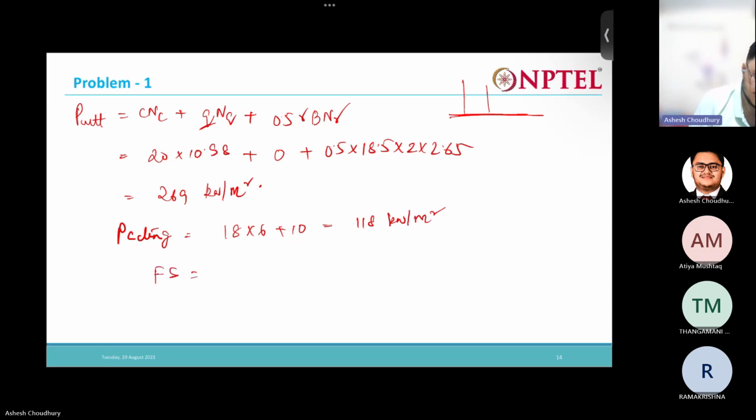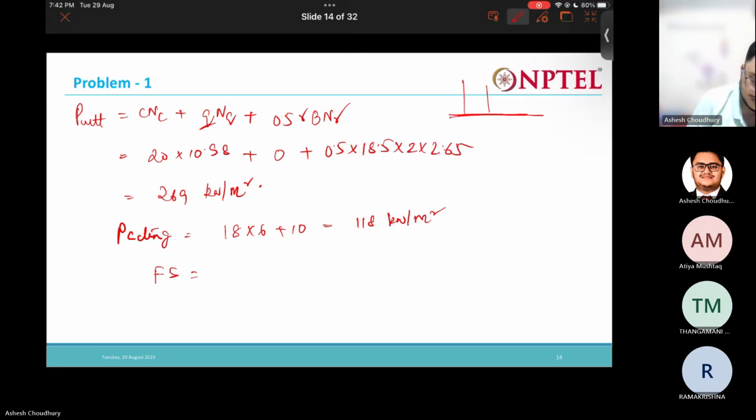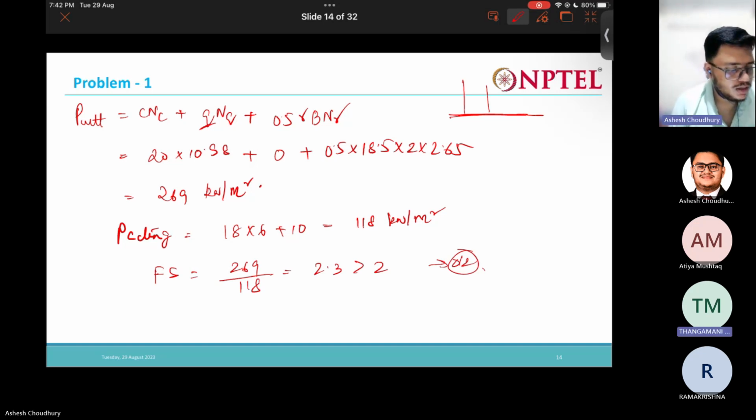So the safety is, sorry, right? Which is again acceptable, right?